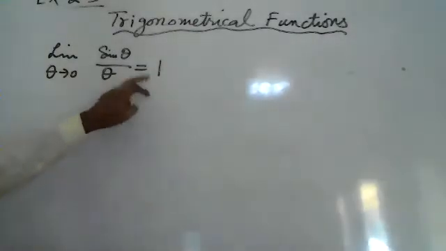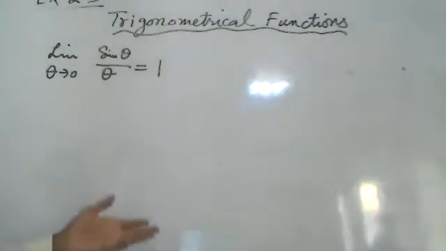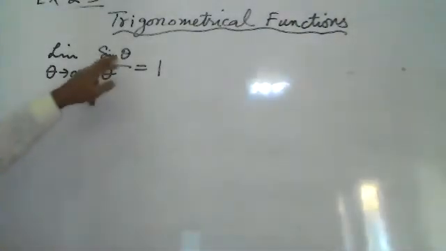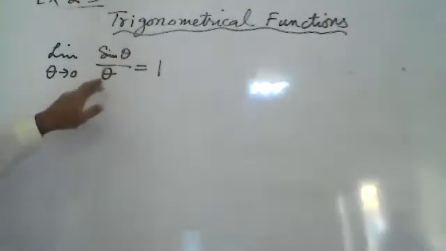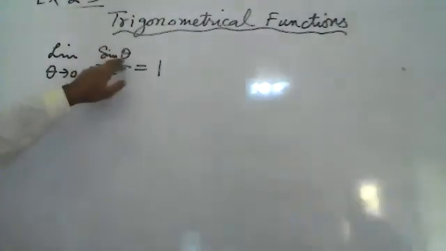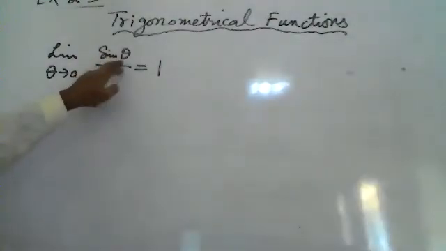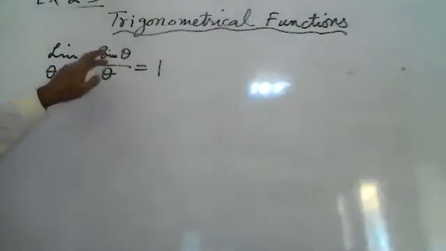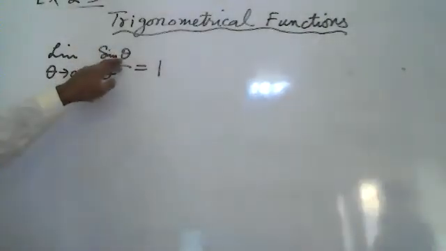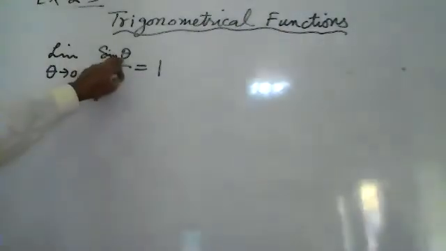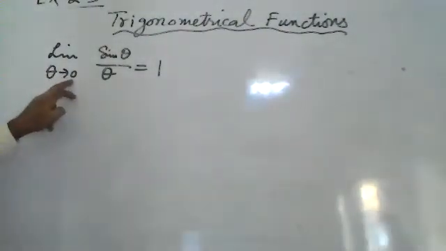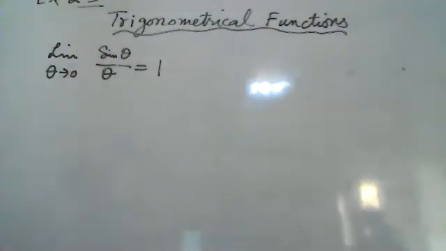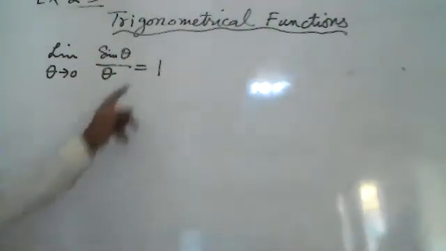If it is 2 theta, it should be 2 theta; if it is x, it should be x; if it is 7y, it should be 7y, and y tends to 0. So the limit will be 1.